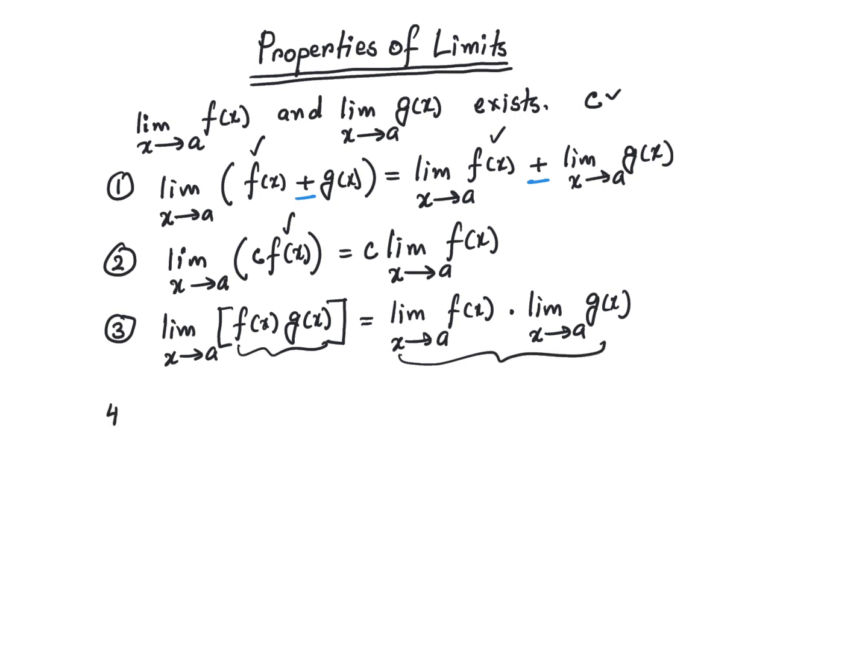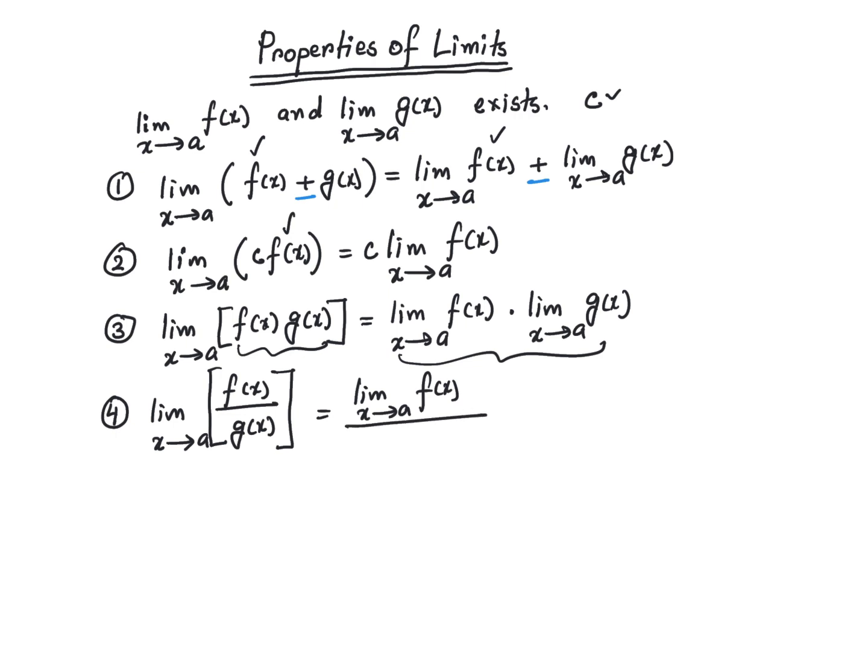The next rule or next property is, of course, after multiplication comes division. Limit x approaches a, f of x divided by g of x is going to be equal to limit x approaches a, f of x divided by limit x approaches a, g of x.